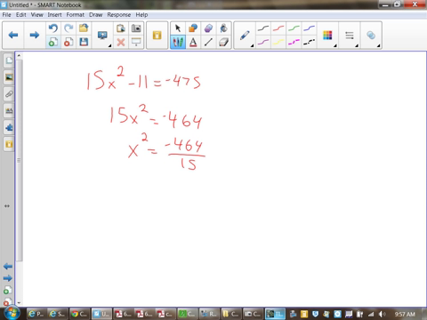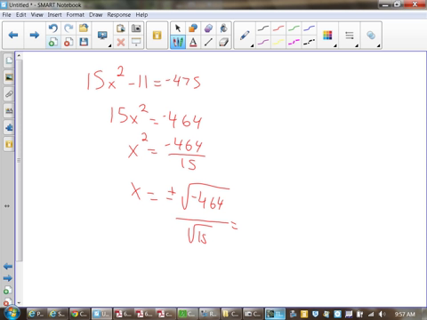Okay. Now you have to take the square root of both sides. X equals plus or minus the square root of negative 464 divided by the square root of 15. When I'm working with these fractions, and I know I have to take the square root of both of them, I'm writing it as square root of the top, square root of the bottom, just in case there's something that might simplify. 464, is there anything I can do with the 464?